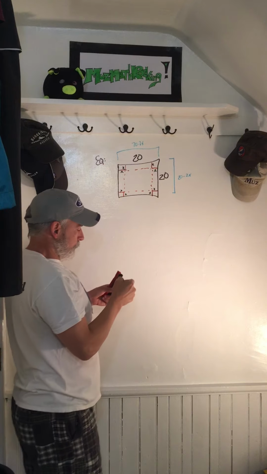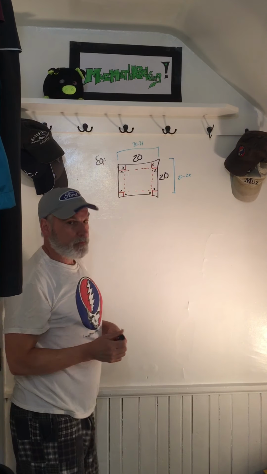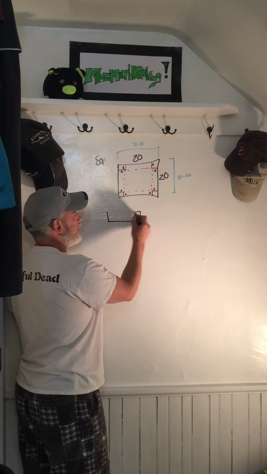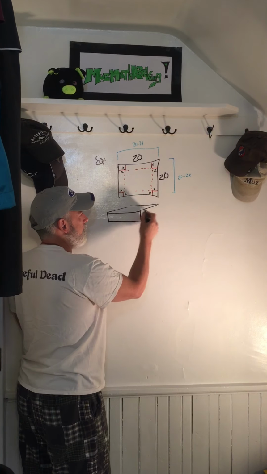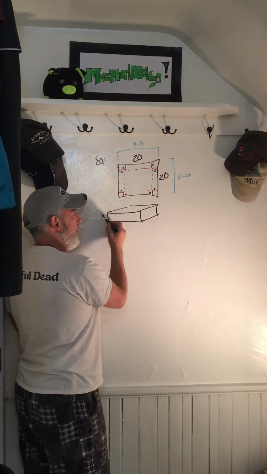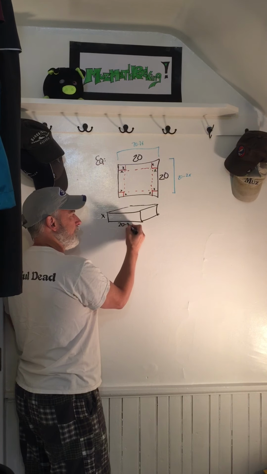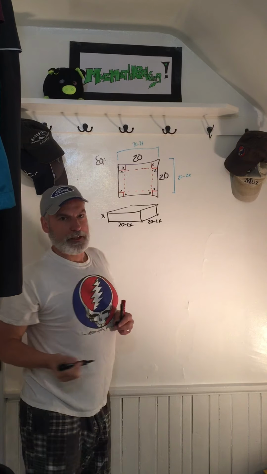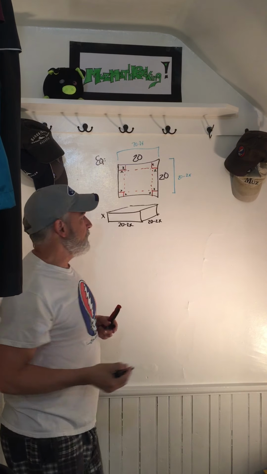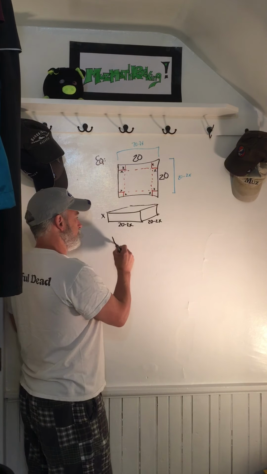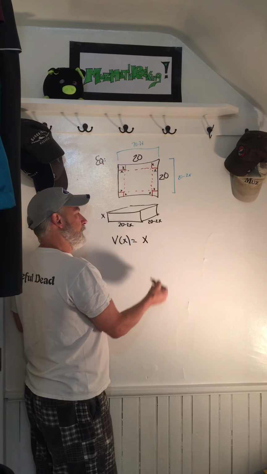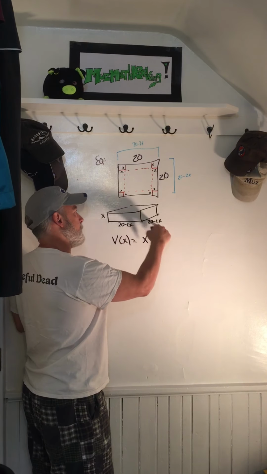When we fold up the corners, we get a box that has a height of x, a 20 minus 2x, and a 20 minus 2x. This is something we did earlier. So there's a function to be written for the volume. V of x is quite simply length times width times height.